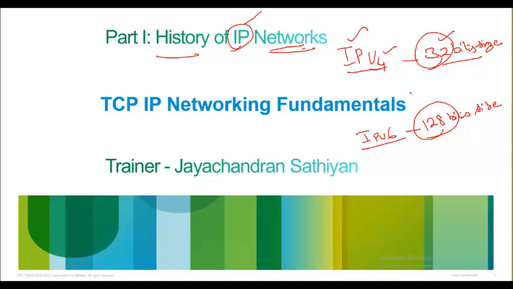The reason we have version 6 is that version 4 addresses are finished. We finished using all the 32-bit addresses. The entire world was using just a 32-bit address to provide a unique identification, which was really a tough thing to manage.